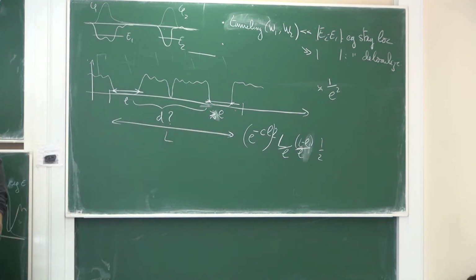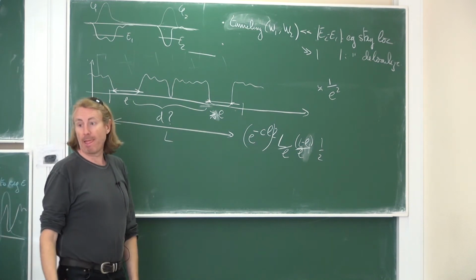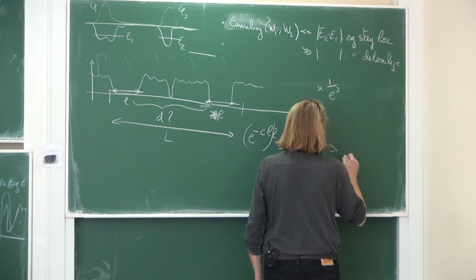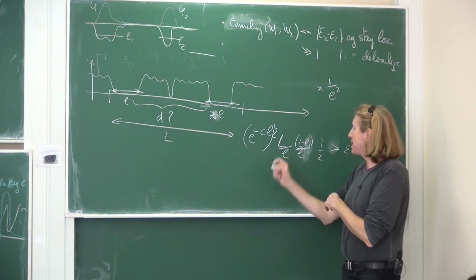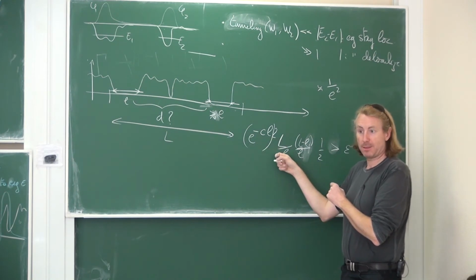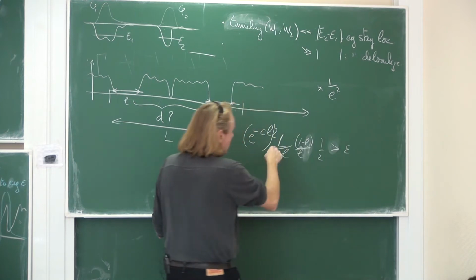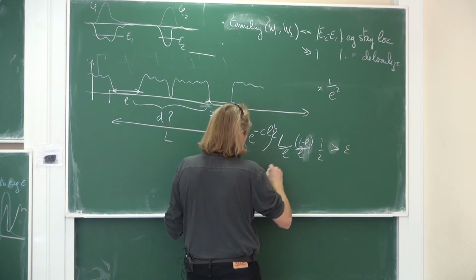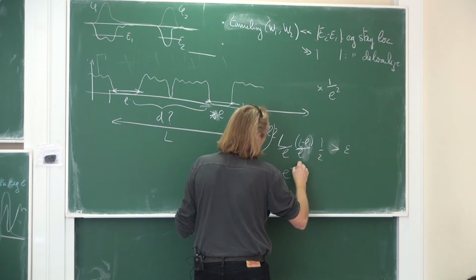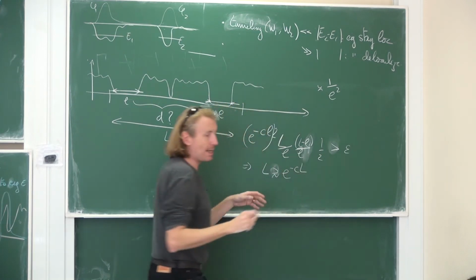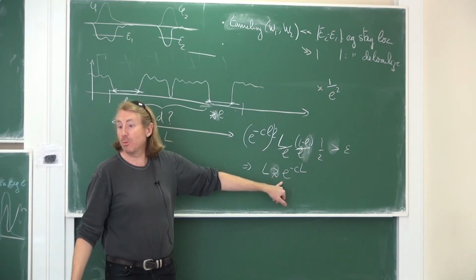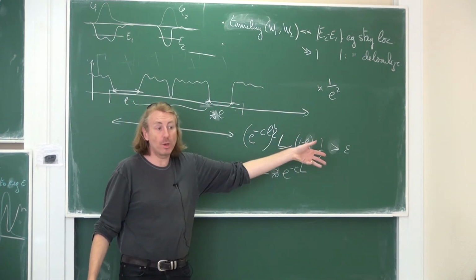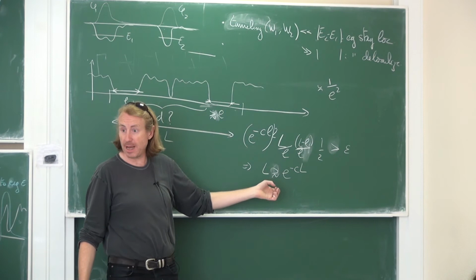That's roughly the number of pairs of blocks of size l that you have inside this region of size large L. And you want this to be not too small, say larger than epsilon. So if you want this to be of size epsilon, it means that large L needs to be larger than e to the minus constant times l. The constant depends on the epsilon you want. But if you want this to happen with a probability that's not negligible, you want something of this size.